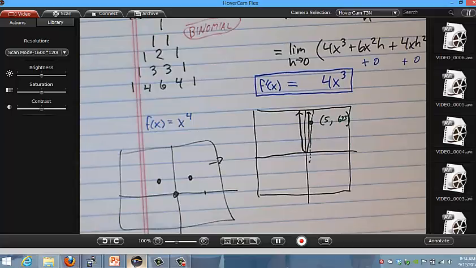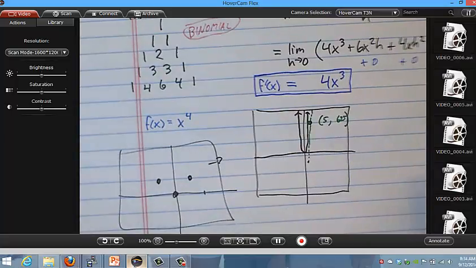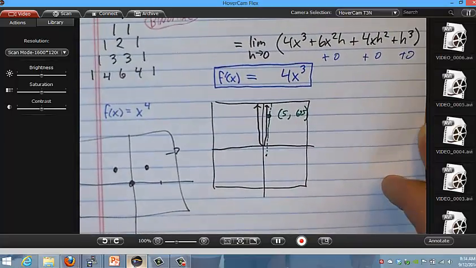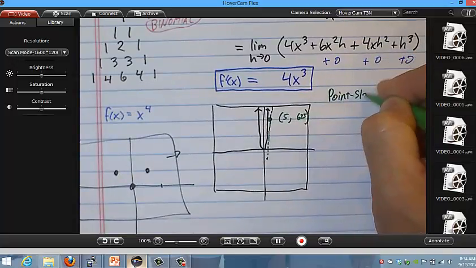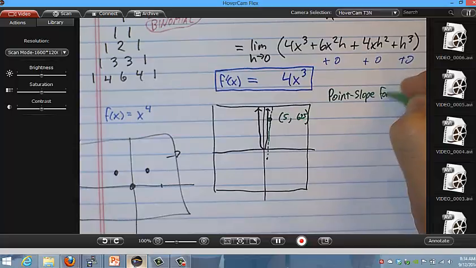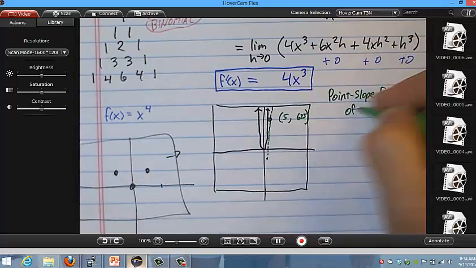So anyways, I'll remind you of something that you learned in algebra. You at some point learned about point-slope form of a line.